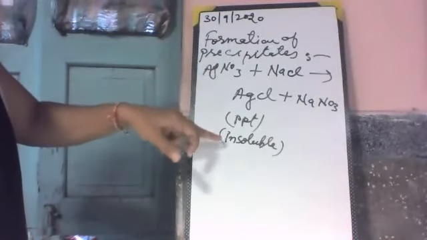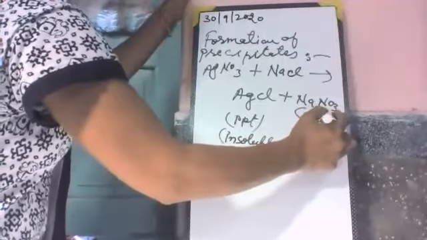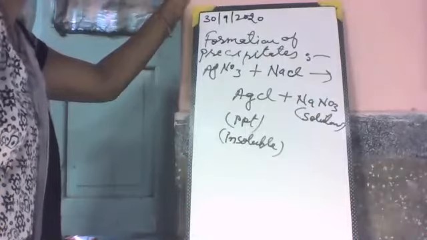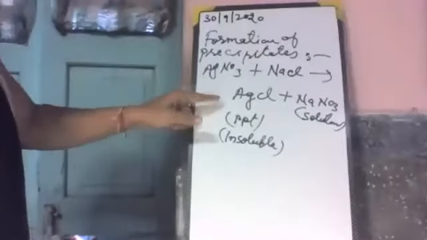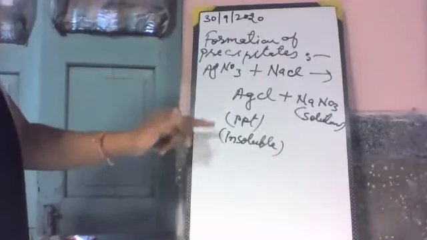We can see this in the test tube, and the rest is in solution form. This precipitate we can see in white color, small pieces of white color in the test tube, and these are insoluble, and after keeping them to settle down, we can see they settle at the bottom.